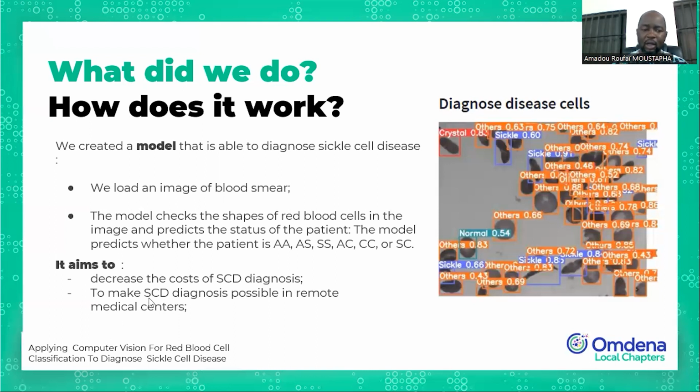Our second aim is to make the diagnosis possible in remote medical centers, because with a minimum investment to have a microscope and a smartphone, we are able to diagnose sickle cell disease using our model.